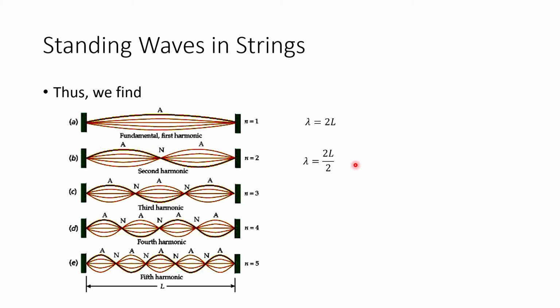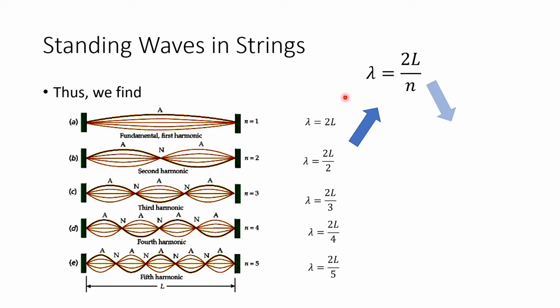Therefore, if I write it a little bit funnily, lambda is going to be 2L divided by 2, aka lambda equals L. But I'm writing it this way so that you can see the pattern, because if you do the same thing by analyzing, okay, two nodes, one lambda, and you have one more extra antinode right here. Therefore, you can actually calculate the lambda to be 2L divided by 3, divided by 4, divided by 5. Therefore, you can generalize this equation to be lambda equals 2L divided by n in order to satisfy this standing wave.